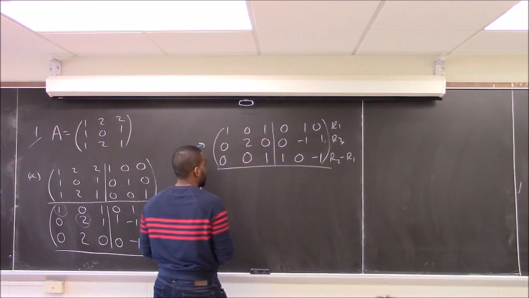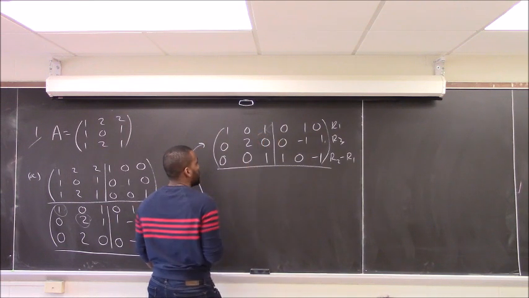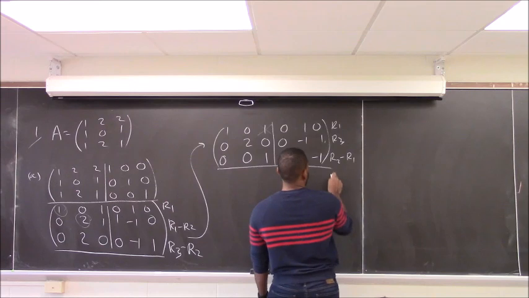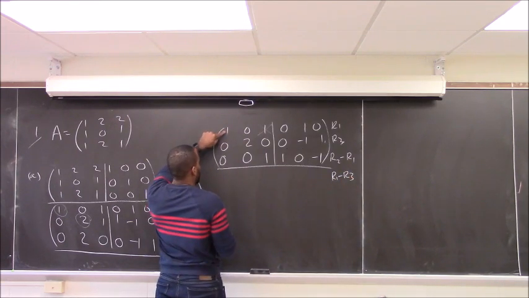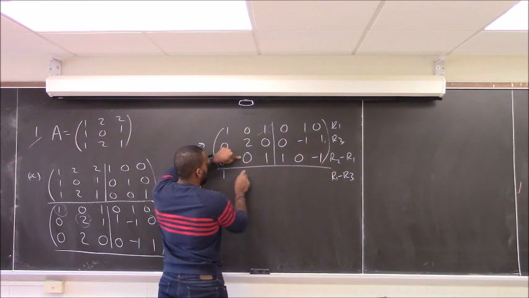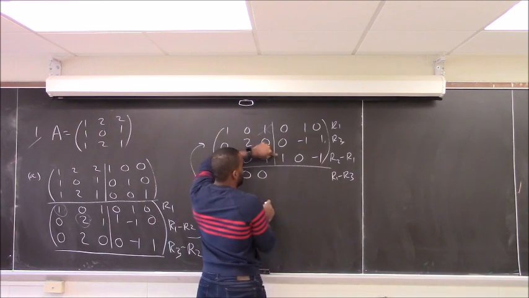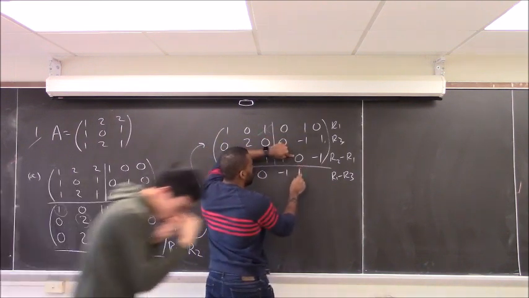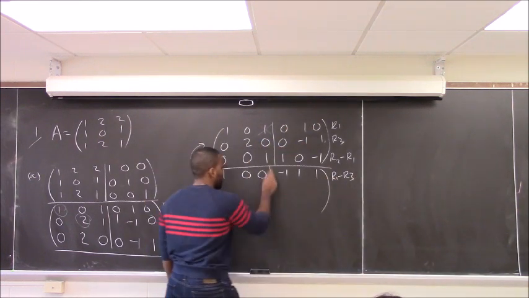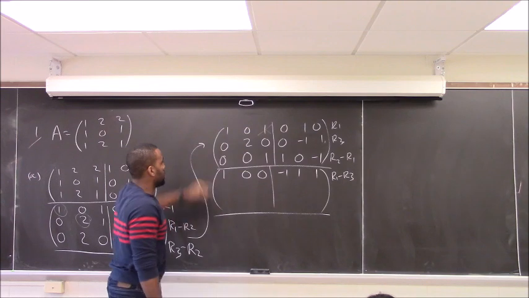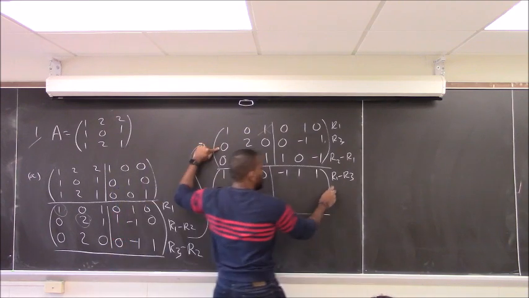The only guy that's the problem now is this one right here, which I can just take row 1 minus row 3 to get that done. So 1 minus 0, 0 minus 0, 1 minus 1, 0 minus 1, 1 minus 0, 0 minus 1. And to fix this guy, just divide through by 2.